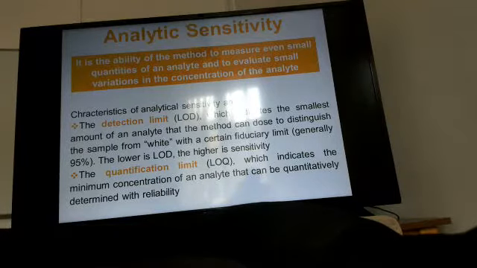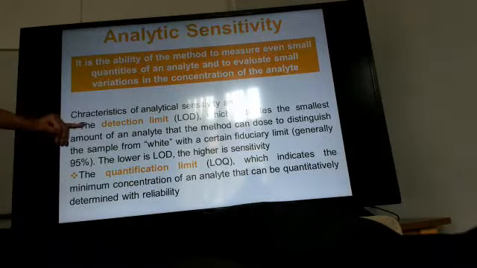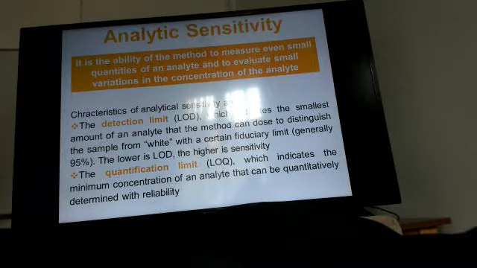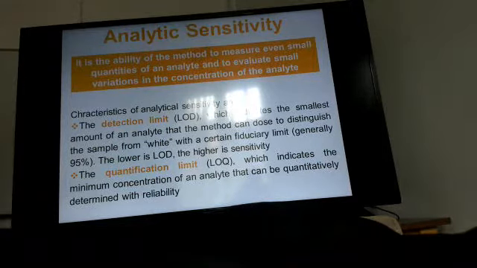If I have just one molecule, it is probably too poor for the techniques that we have available now, even if they are really sensitive. The quantification limit is the lowest concentration that can be measured. So the detection limit just means that I can say glucose is present, I see that there is some. The quantification limit is how much, the lowest concentration limit. So analytic sensitivity is the ability to detect a lower amount of a specific analyte.